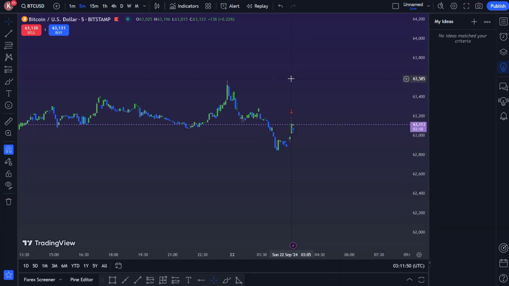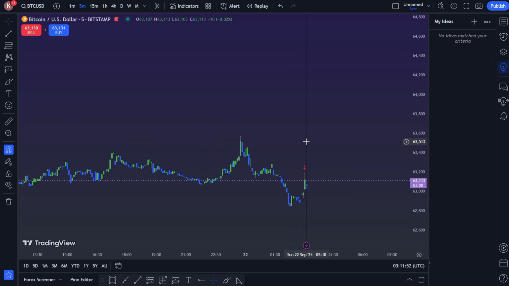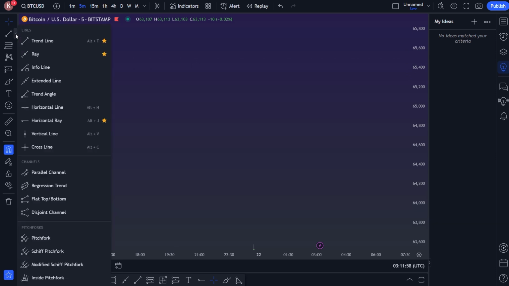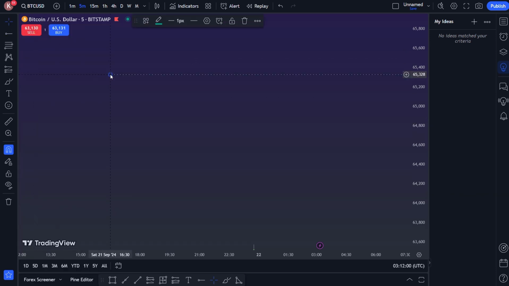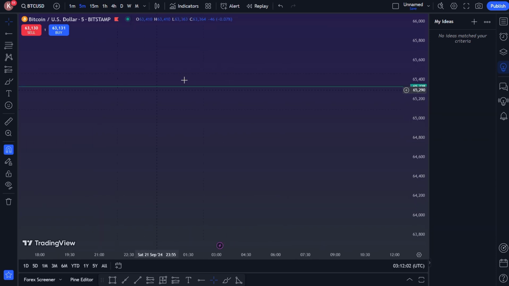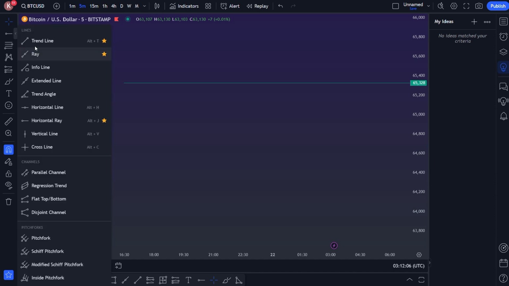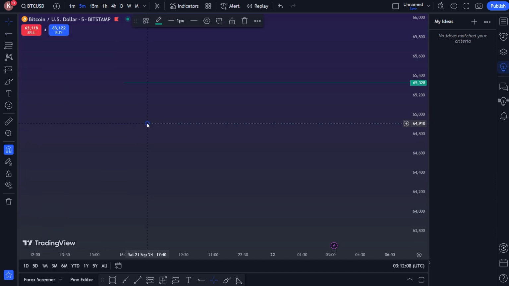The reason I'm putting levels here is because I want you guys to understand how a level looks, or how most levels look. This line right here is a level. Now this other line right here is another level. This is not how you identify levels because there's nothing here. But this is a level.